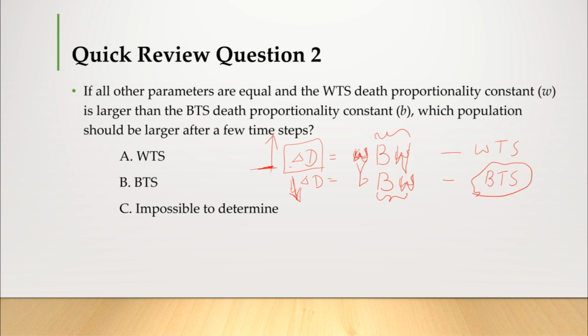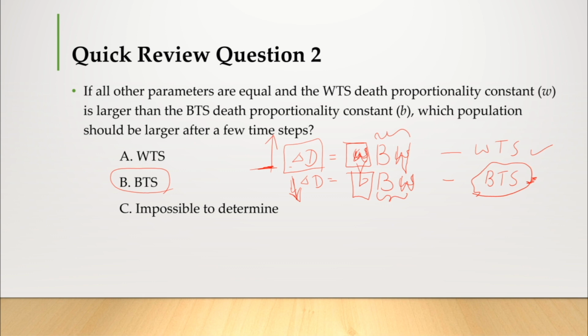It's a multiplication of the same population. So in that case, this constant matters to decide which one has more deaths. So if it is more deaths for the WTS, the answer for this question is BTS, right? Okay, so that's the answer for this question.